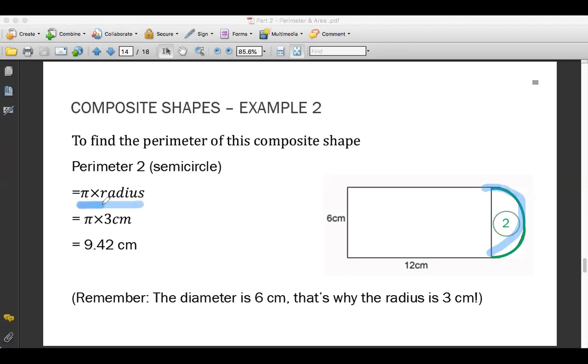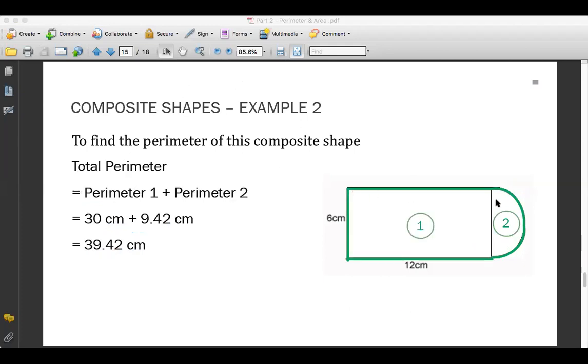Remember the formula for half a circle, pi times r. And r is 3 cm because you already know that here is 3 cm, the radius. So that's how you get 9.42. The diameter is 6, the radius is 3. Understand so far? Wait, I'll clear all my drawings.